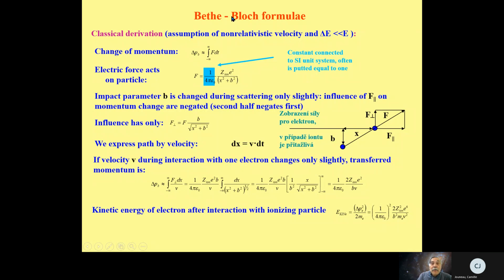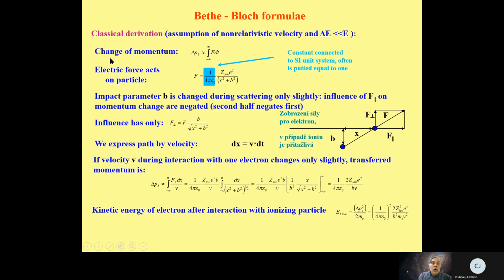And also for a heavy particle, so that during one ionization the loss of energy will be very small, negligible. For one ionization, the change of energy will be negligible, and also the direction of movement of the particle will change negligibly.